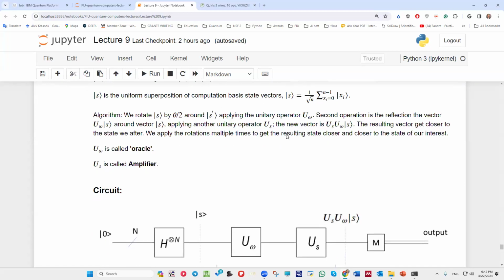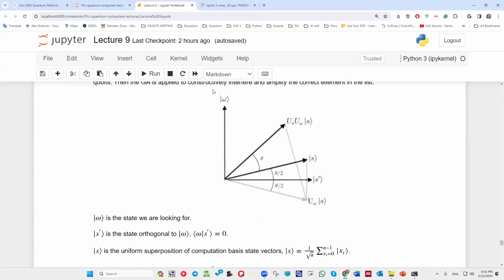And let me quickly discuss how actually it works. So we know the element we are looking for, some element omega, for example. We encode that element into the state of a quantum computer, and we denote this state omega here, this ket vector omega. This is the state we are looking for.